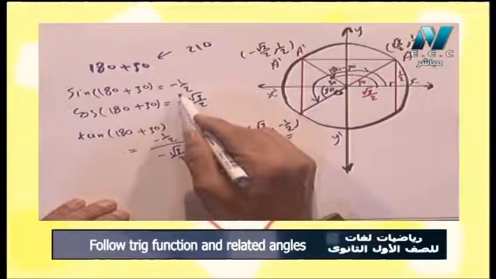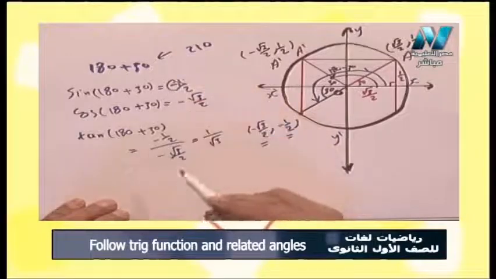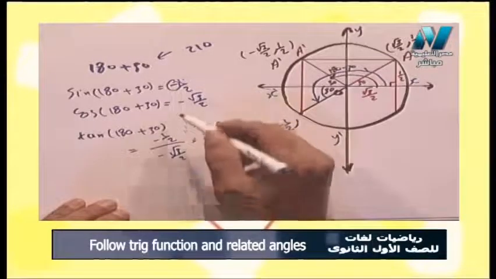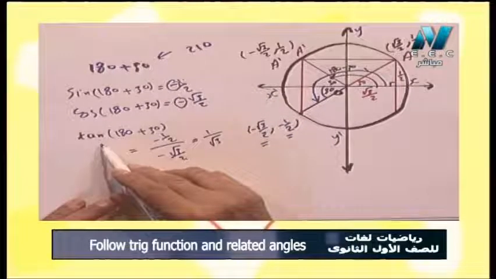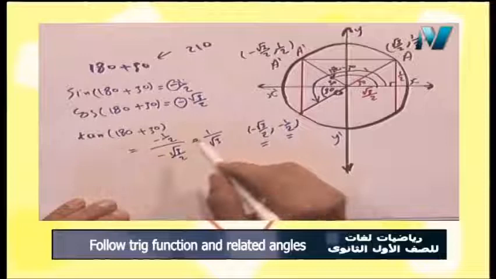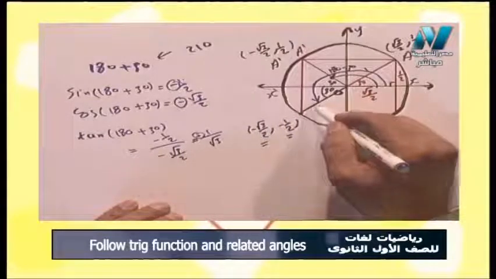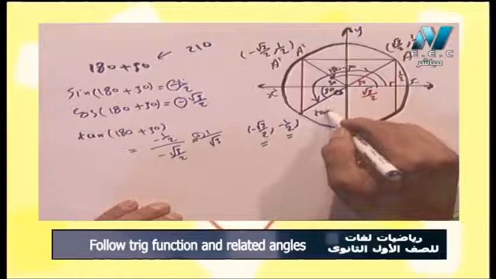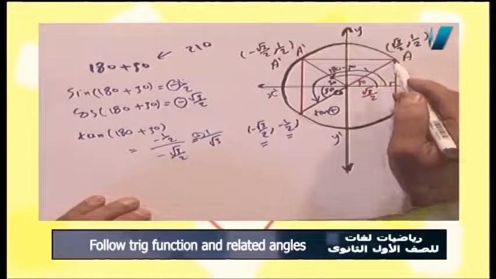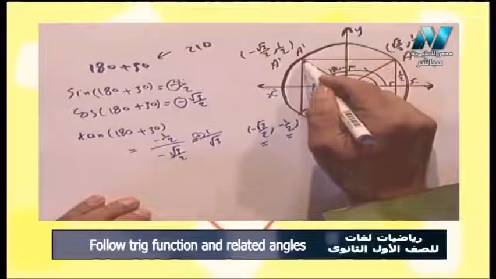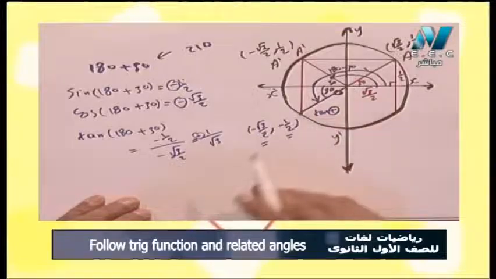Sine in the third quadrant will be negative. Cosine in the third quadrant will be negative also. But tan is the only function that will be positive here. So in this quadrant, tan will be positive. Here all of them are positive. Here sine only is positive, and here in the third quadrant tan will be positive.